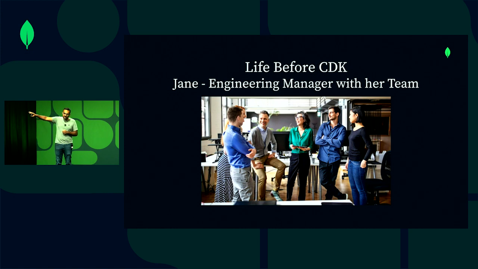But Jane, being the optimistic and ever persevering person that she is, comes to MongoDB.local NYC, and she learns about our new integration with the AWS CDK. And like a light bulb, it comes on. She's able to deploy her MongoDB Atlas and AWS infrastructure with code on AWS.